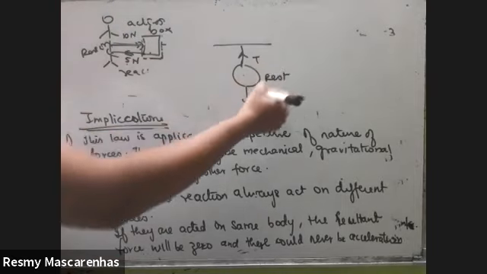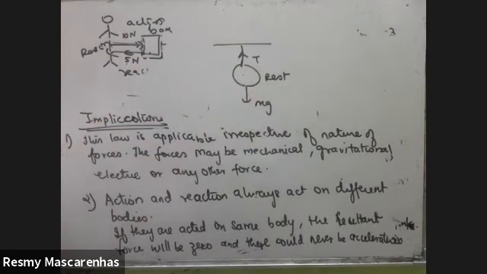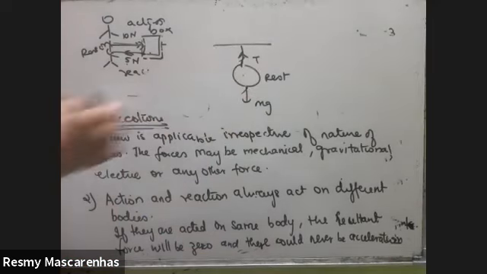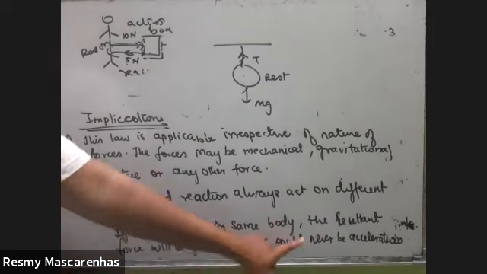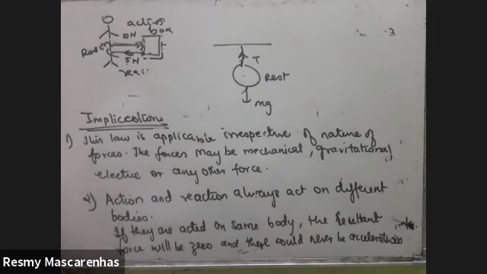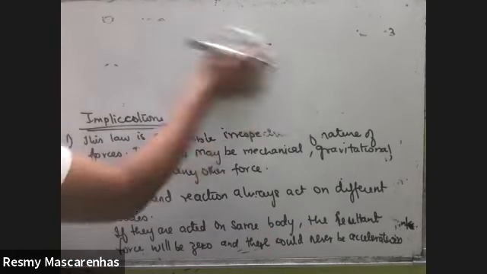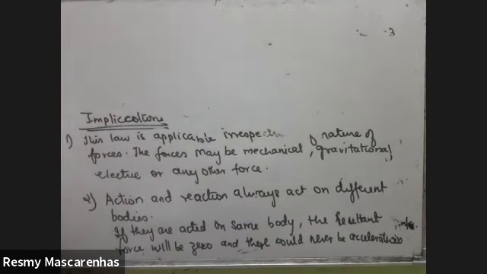This will always forever remain at rest. There is no acceleration because these forces will always cancel out each other. If they act upon the same body, the resultant force will always be 0 and there will never be any acceleration. It will always be at rest. So they have to act on different bodies. So this is what the second point means.